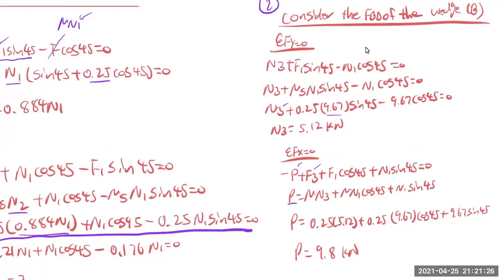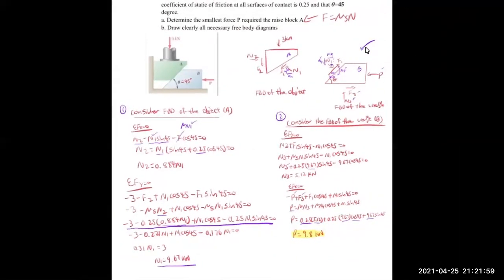And I know that my mu is equal to 0.25, and N3 I found above, which is 5.12, and then plus 0.25, which is mu, multiplied by N1, which is 9.67, which I found earlier, and then cosine 45, plus the N1, which is 9.67, sine 45. So in this equation, we know everything except the P. So just simply plug this into a calculator. I get my P is equal to 9.8 kilonewtons.